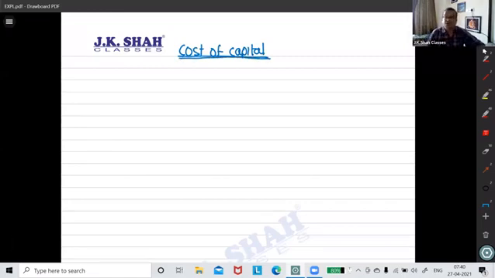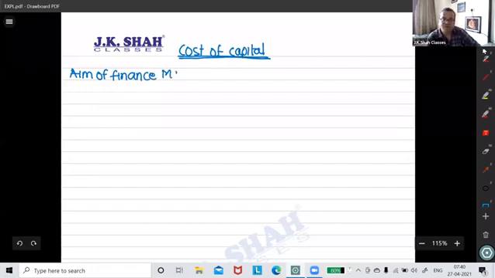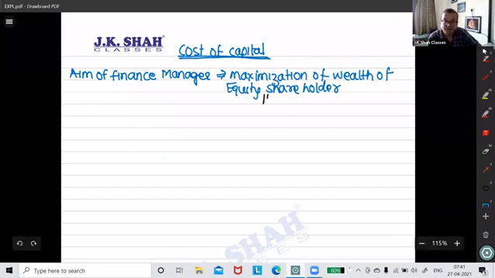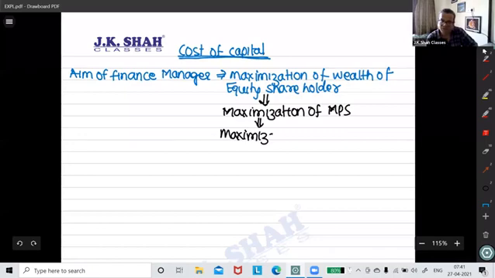So guys, what we have seen is that the aim of the finance manager is maximization of wealth of equity shareholder. Correct? Then we all know maximization of wealth happens by maximization of MPS, and that happens by maximization of EPS.